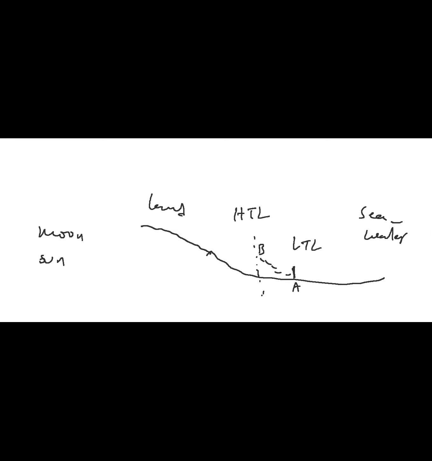So in that way, now we know the concept of tide. What is the tide? The rise and fall of sea level due to the gravitational pull of earth, sun and moon. If it rises to this line, we call this the high tide line, and the other one is called the low tide line.